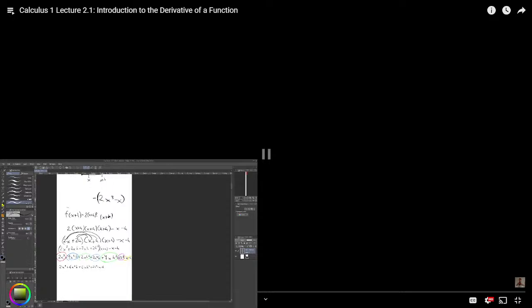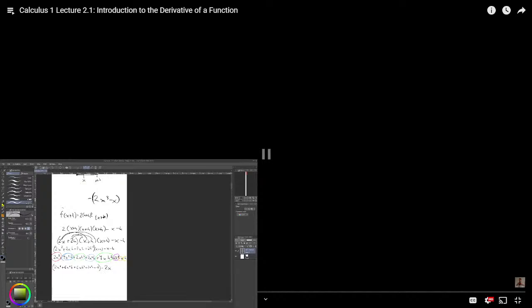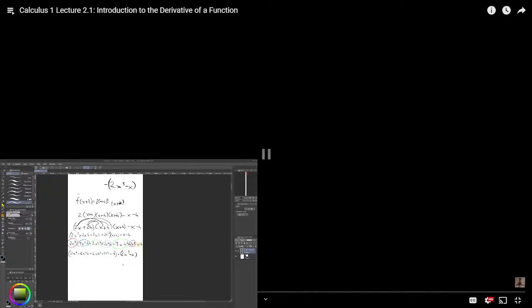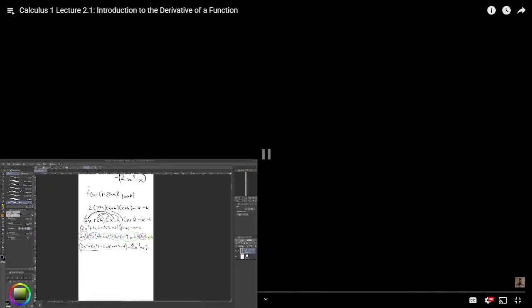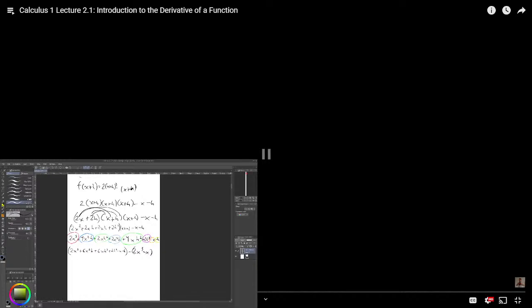Minus 2x cubed minus x. It's all over h, I'm not even gonna put it over h, I'm just gonna solve this.